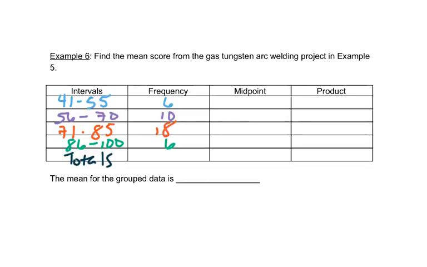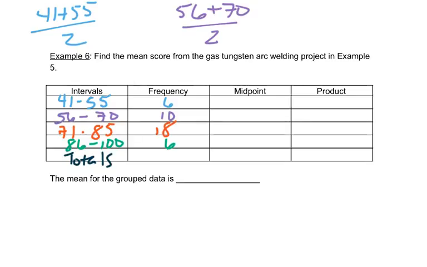So the first step after we've got our frequency chart is to find the midpoint of the intervals, and we do that by finding the mean of the end points. So for the first interval, we take 41 plus 55 and then divide by 2. For the second interval, we take 56 plus 70 and then divide by 2.